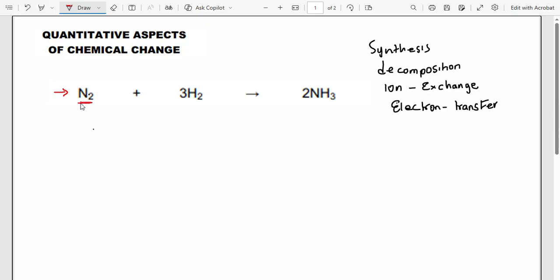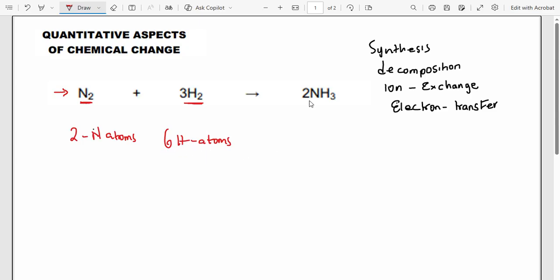If you look at this term here, how many atoms of nitrogen do we have? We have 2 N atoms. And if you look at this one here, how many do you have? You take the 3 and multiply with the 2, which gives us 6 H atoms. So in the reactants, you have 2 nitrogen atoms and 6 hydrogen atoms.